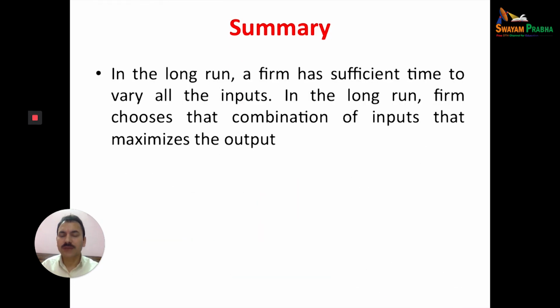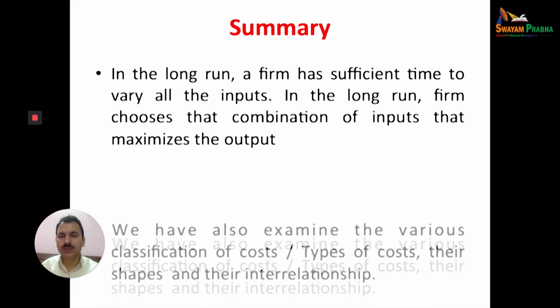And we have also analyzed the long run cost curve. A firm has sufficient time to vary all the inputs. In the long run, the firm chooses the combination of inputs that maximizes the output or minimizes the cost.